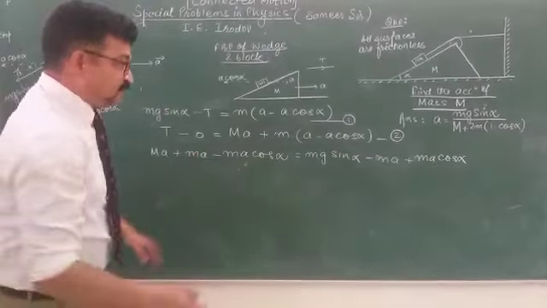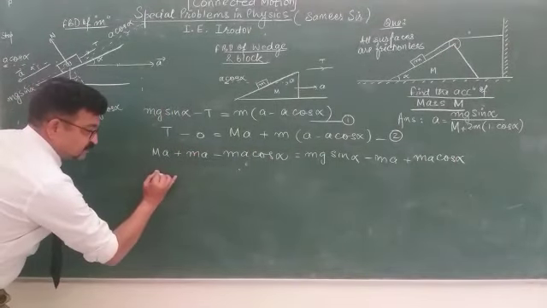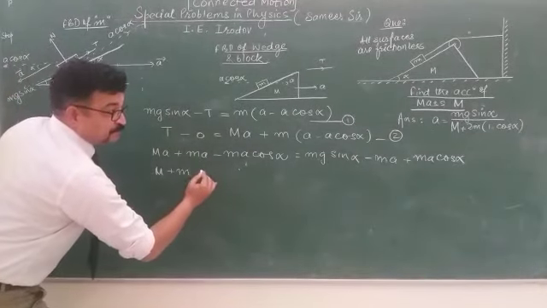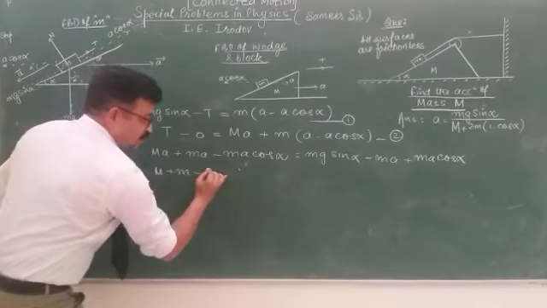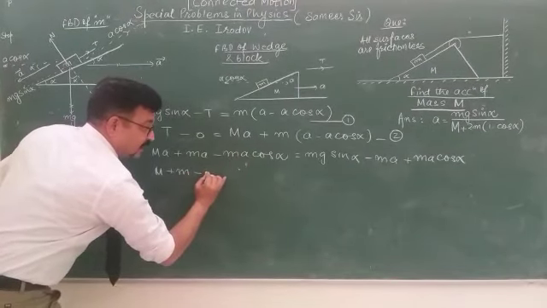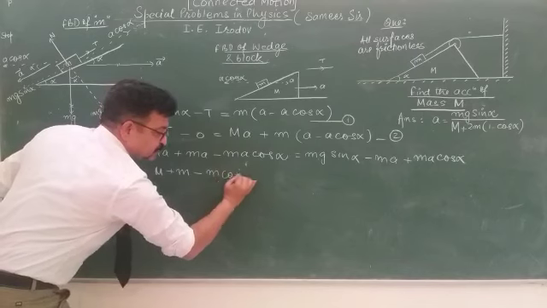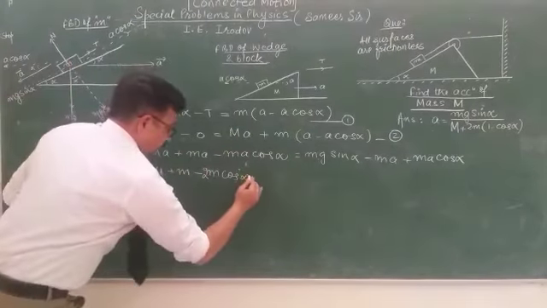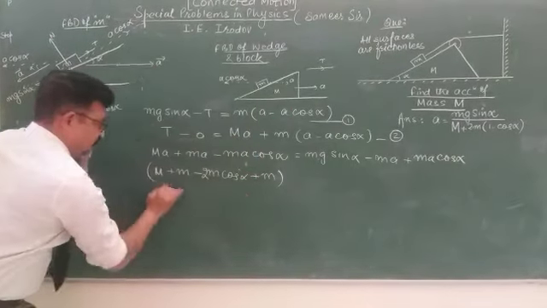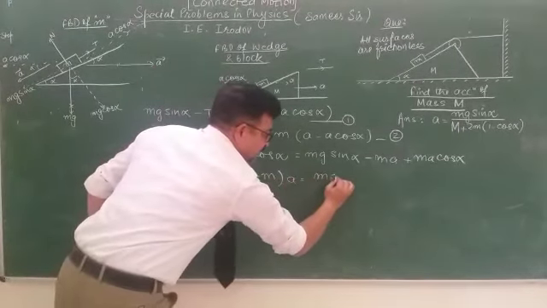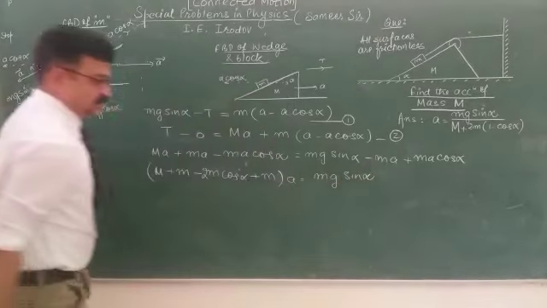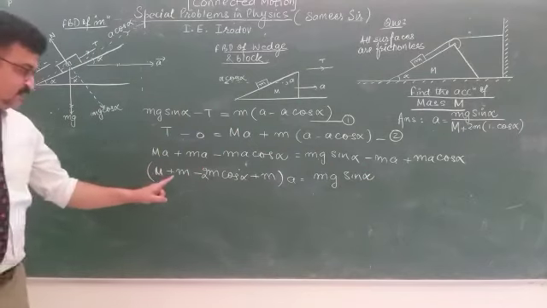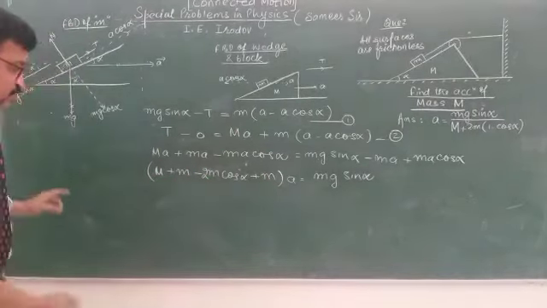If you look at the story, I will find it like this: M plus m minus m cos alpha two times, plus m, with acceleration A, equals mg sin alpha. Look at the problem once again. Here is m and m, that is twice of m.